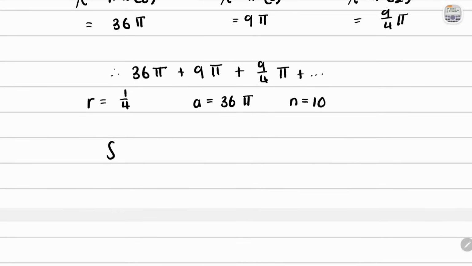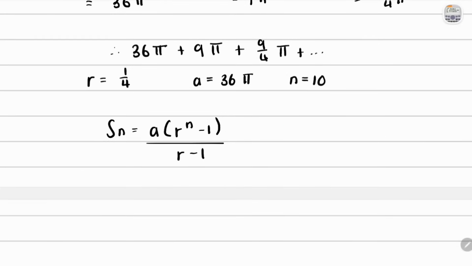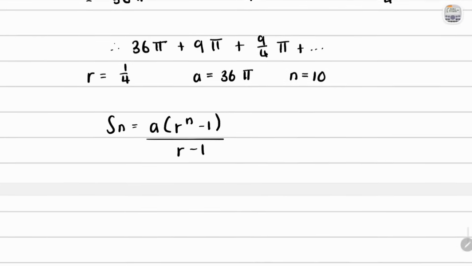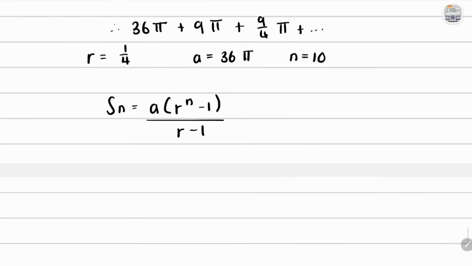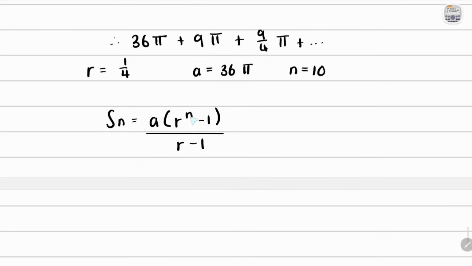So we put down our sum formula. Now, using this formula is perfectly fine. You don't specifically have to use the one where r is less than 1, because the numerator becomes negative and the denominator becomes negative, and so those negatives still end up cancelling. So let's substitute the values of a, n, and r.